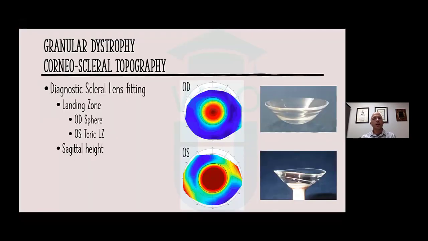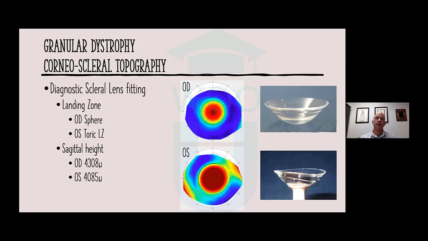So from here, even if we're just going to use diagnostic lenses, for the right eye we can grab a lens design that's prolate, that has a spherical landing zone, and put that on the patient's eye. For the left eye, we want to choose one that's toric. Most of the diagnostic lenses from the various manufacturers now have toric designs available. So we want to grab a toric one for the left eye, and we know that the amount of toricity is around 255, so we can get something close to that.